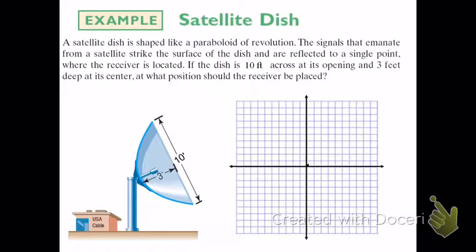So the points on the parabola are going to be 3, positive 5. Let's plot that. And we're going to have a point at 3, negative 5. So let's go ahead and draw that parabola, or graph it, I should say.